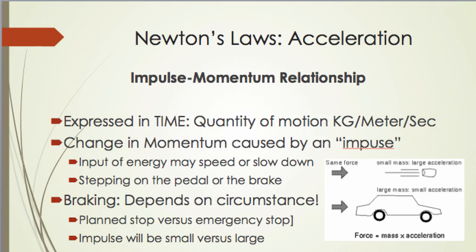So we have two types of impulse at their extremes: a low, slow impulse, and a high, fast impulse. Let's say we're driving down Montana Avenue on the east side of El Paso, and we're coming up to a stoplight, and we can see the stoplight is turning red, and we know we're going to have to stop.